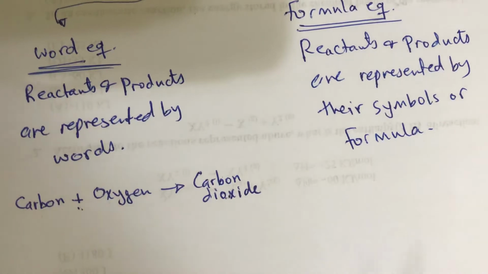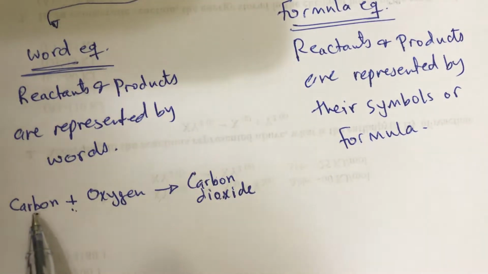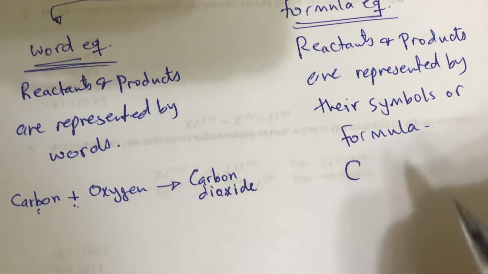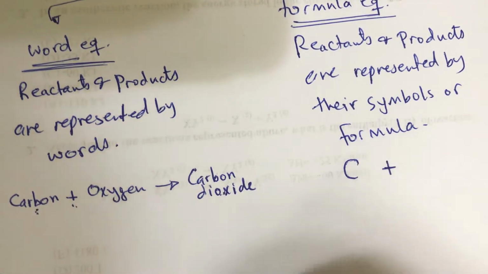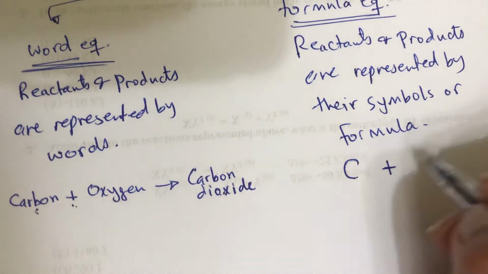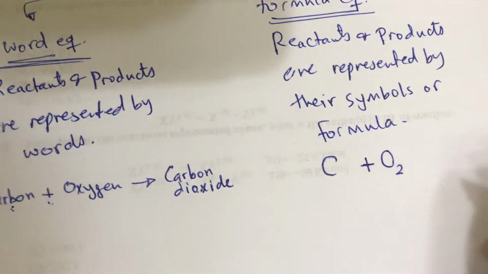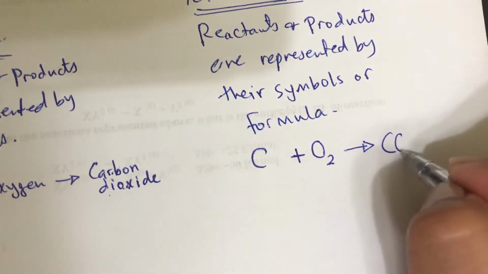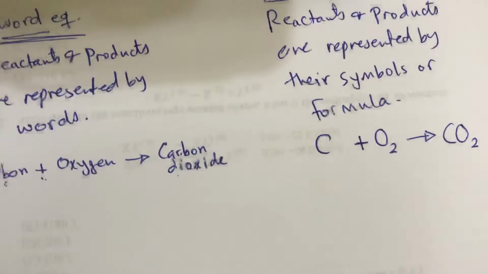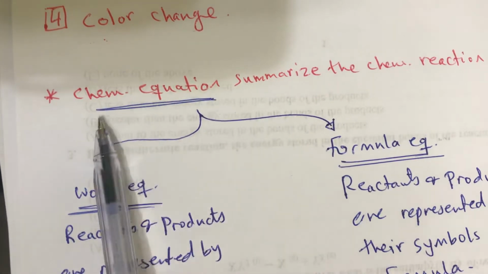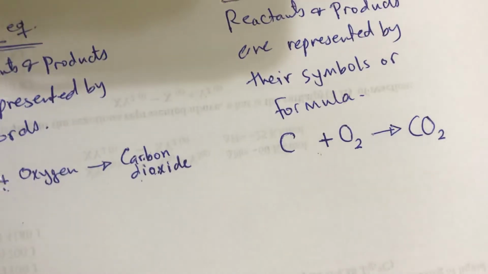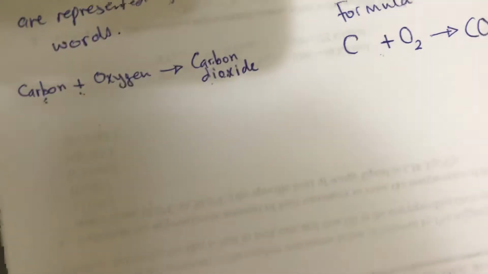So for example, for this reaction, the symbol for carbon is C plus oxygen gas, O2, to produce carbon dioxide gas, CO2. So, there are two types of chemical equations. Word equation, you have to use words, and formula equation, you have to use formulas or symbols of elements or compounds.